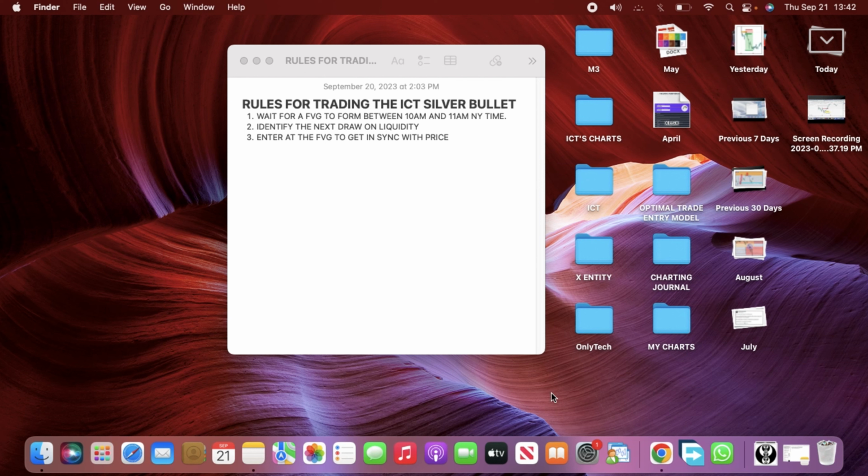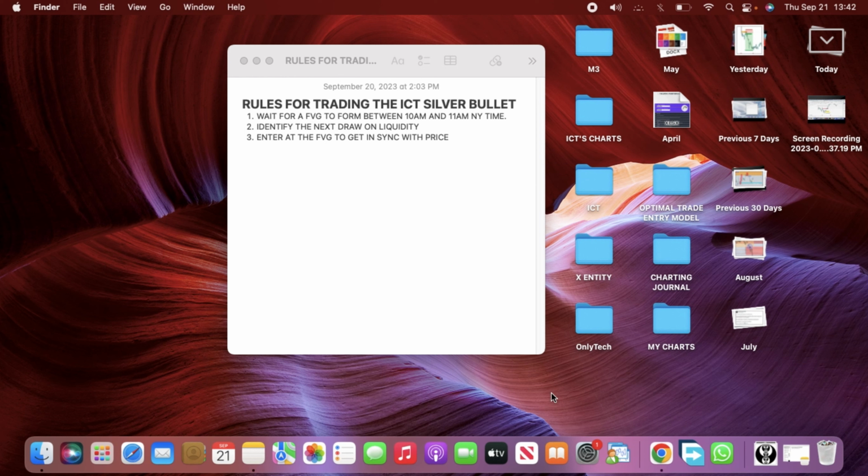Rule number two, you identify the next draw on liquidity. In other words, you identify where price is trading to next, where price is going. You try to figure out where price is likely to go, higher or lower.